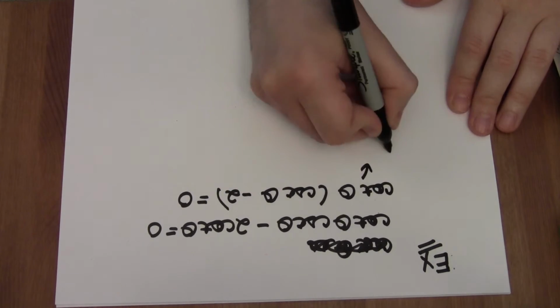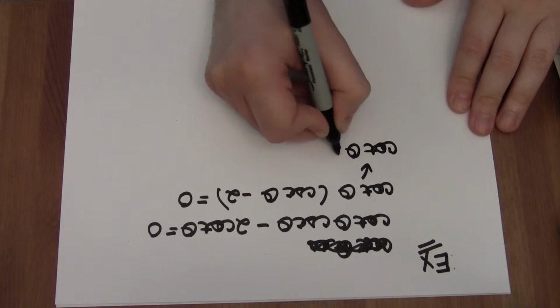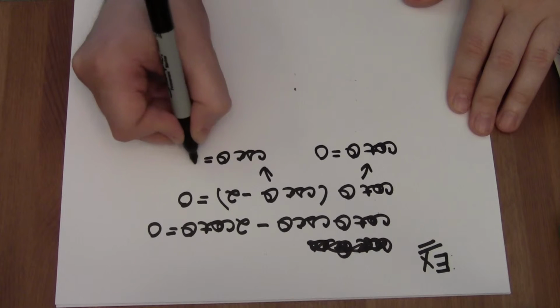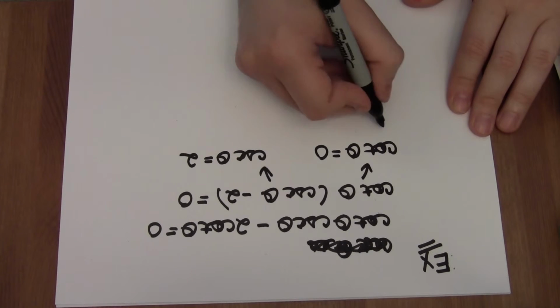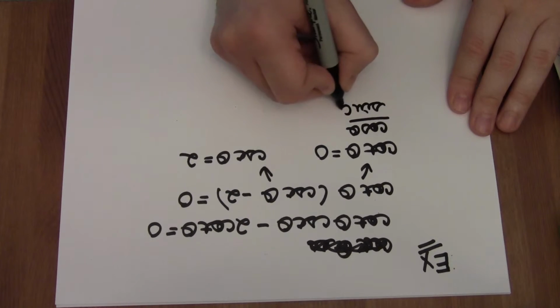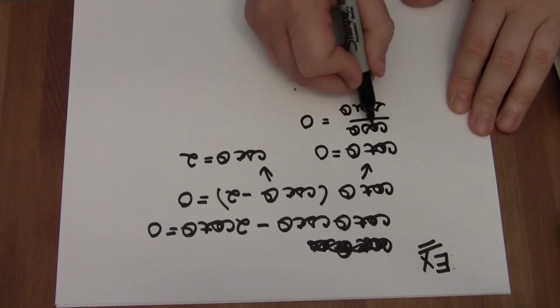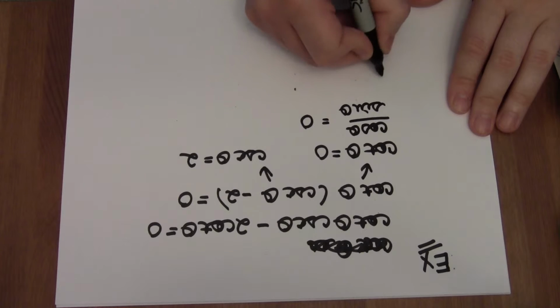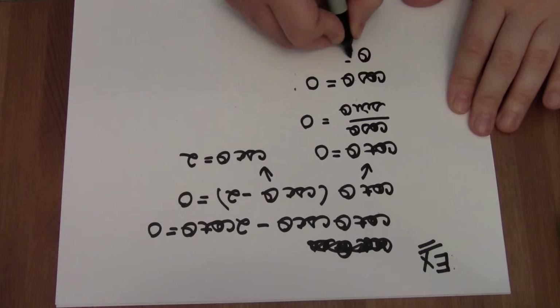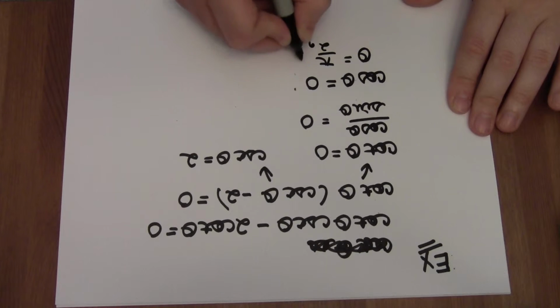And setting them equal to 0, we get the cotangent of theta equals 0, and the cosecant of theta equals 2. Well, the cotangent is the cosine divided by the sine. For a fraction to equal 0, the numerator needs to equal 0. So I need the cosine of theta to equal 0, which will occur at pi over 2 and 3 pi over 2.